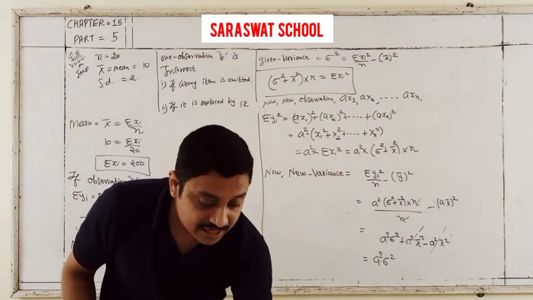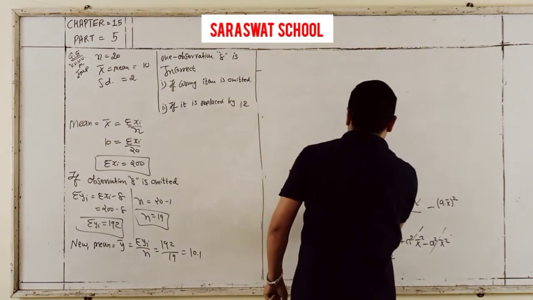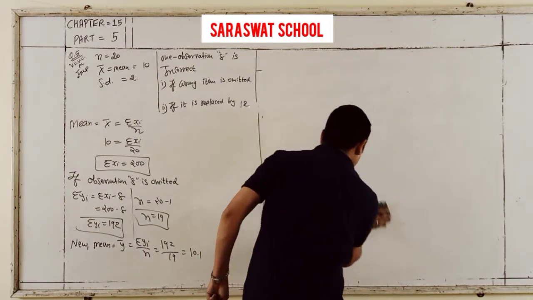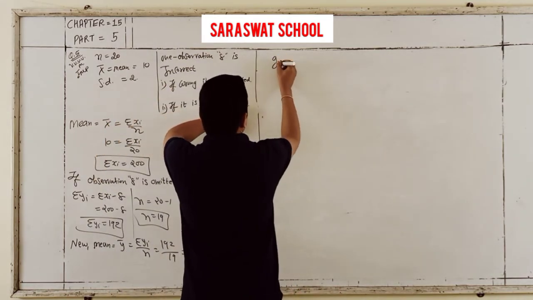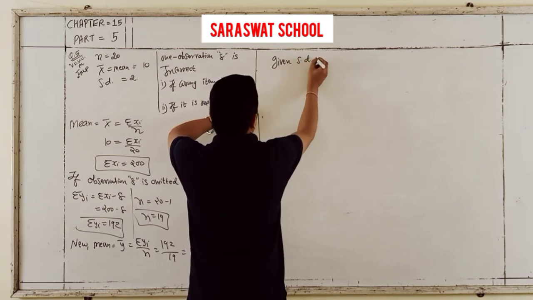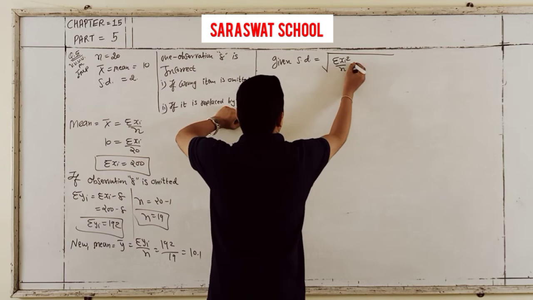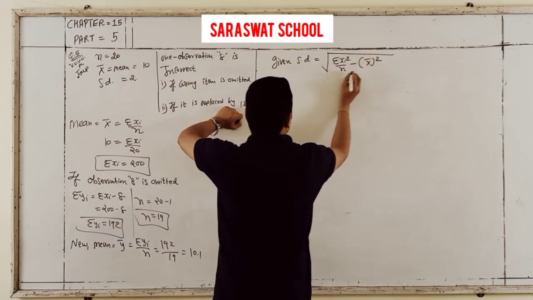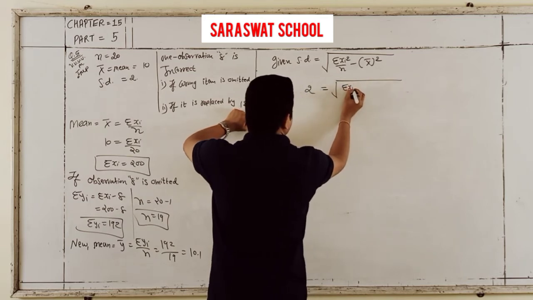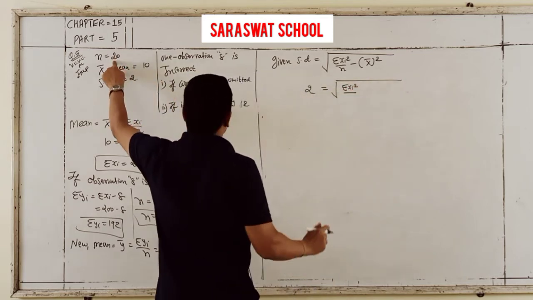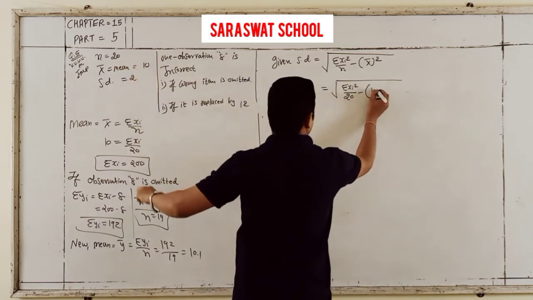You correct it. Now I will start my new process for the SD. So the old SD, I mean the given SD, you know, is under root sigma xi square by n minus x bar square. Old SD is 2, sigma xi square same, n becomes 20. Old mean is also known, students, 10.